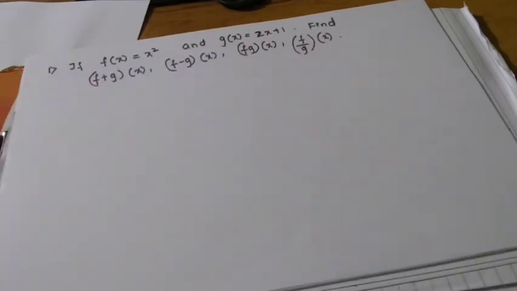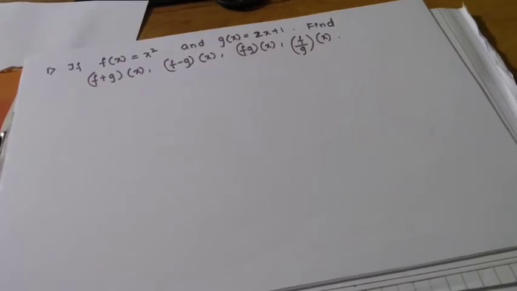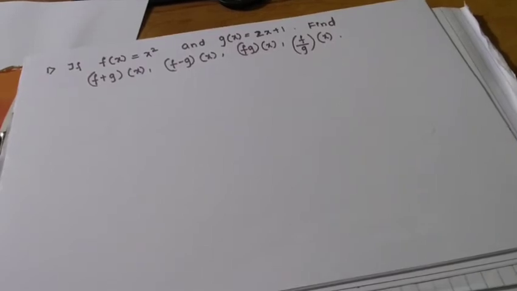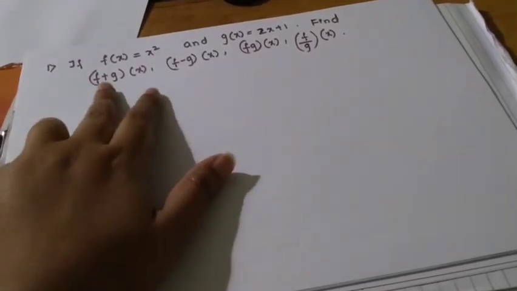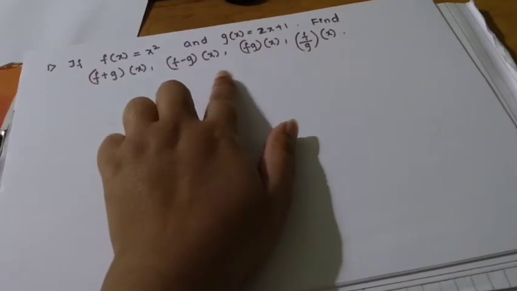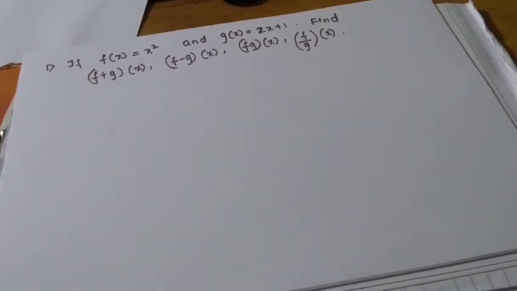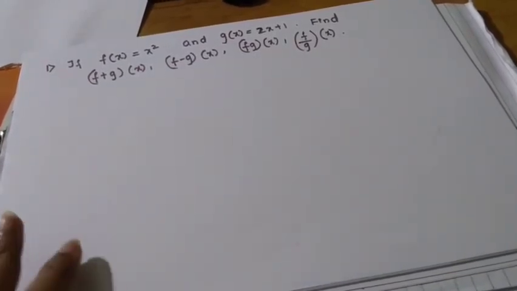Okay, so first example, if you see here, f of x is equal to x square and g of x is equal to 2x plus 1. So f of x is given, g of x is given, and what do you have to find? f plus g, f minus g, f into g and f divided by g. All the 4 you have to find.